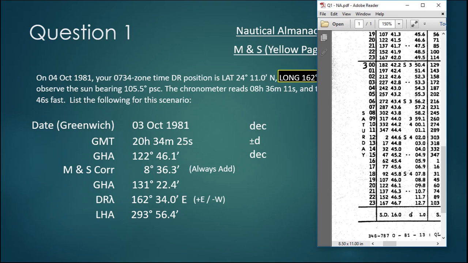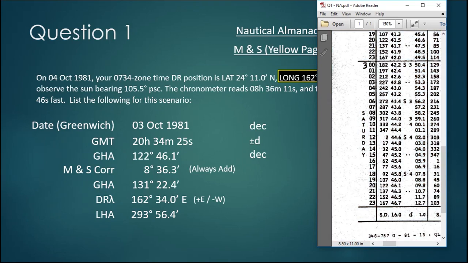09.8 minutes. So we'll put that in, but also you need to look as we go down this column here. If the numbers are increasing, then our little d correction is going to be positive. If the numbers are decreasing, little d will be negative.